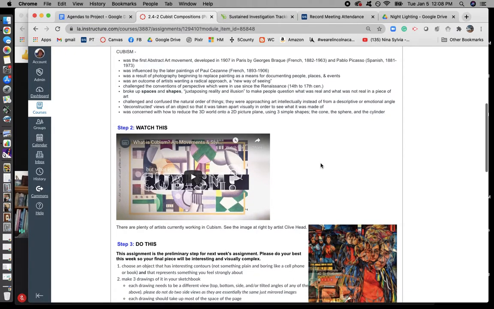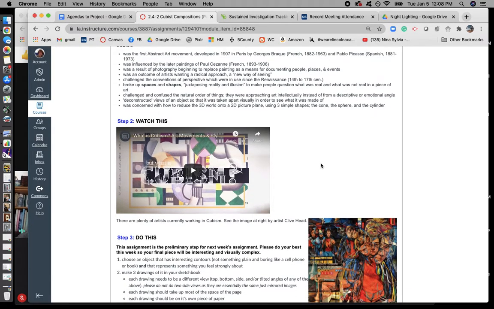So these guys wanted a radical new way of seeing, and they wanted to challenge conventions of perspective that had been in place since the Renaissance for like 400 years. They broke up spaces and shapes to make people question what was real and not real. They challenged and confused the natural order of things. So they were the first people to approach art intellectually rather than just copying what they saw.